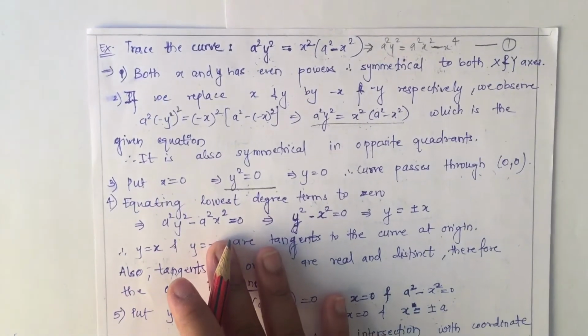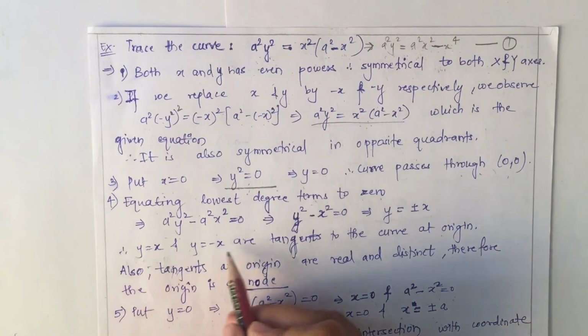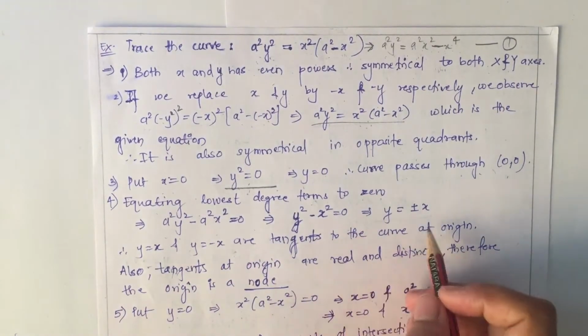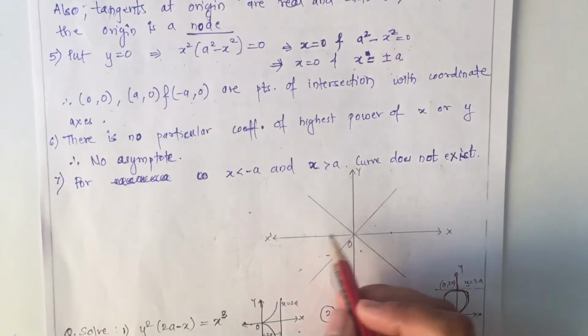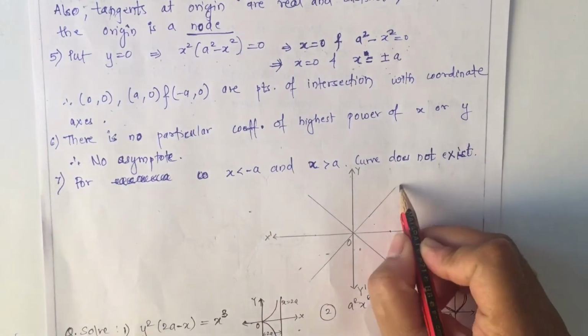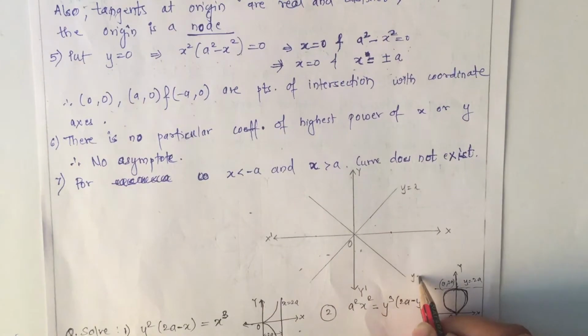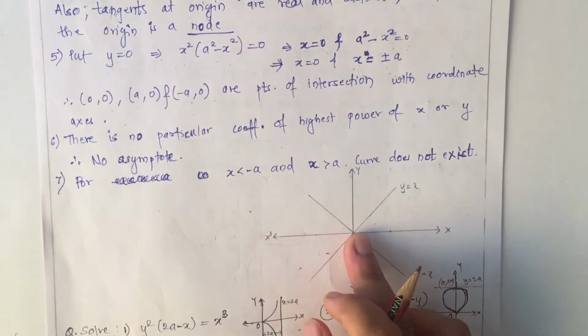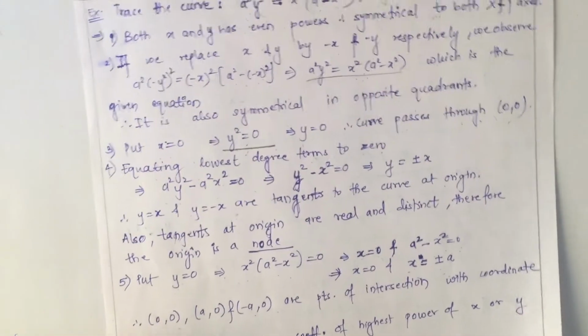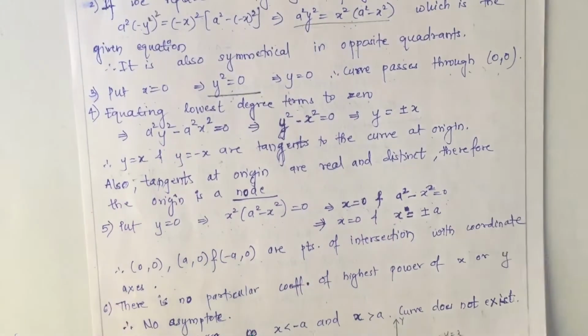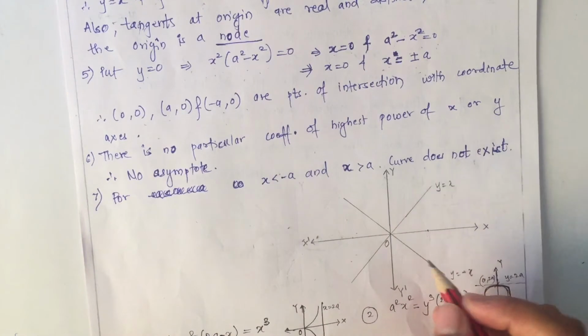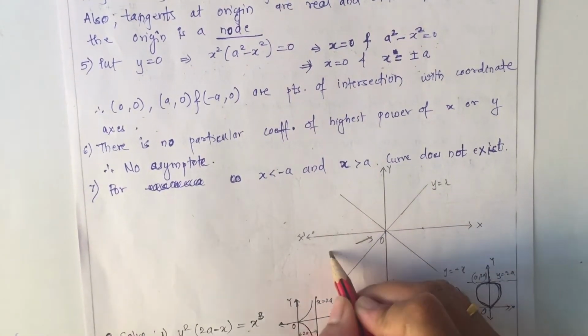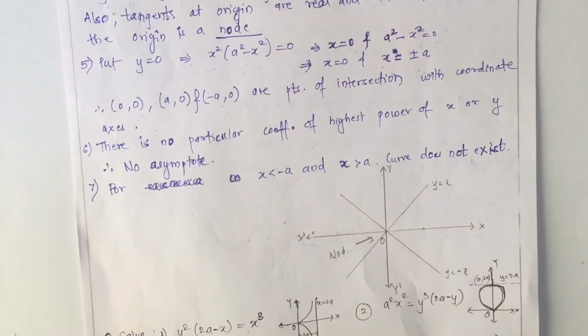That means we get two equations, y equal to x and y equal to minus x, which are the tangents at origin. Next we check the nature of this point. Since these are two distinct tangents, this point will be a node.